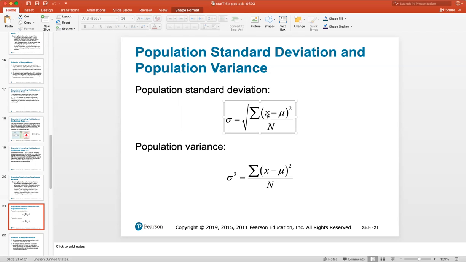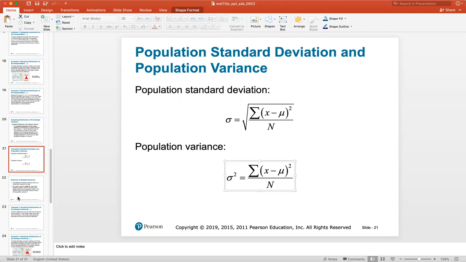These are the x values. So 1 minus the population mean, which is 3.5, squared, plus 2 minus 3.5 squared, plus 1 minus 3.5 squared, and so on. That's the meaning of the sum of (x minus mu) squared. Then we divide by capital N, the population size. The variance is the square of the standard deviation, so the square root goes away. You don't have to memorize this formula.